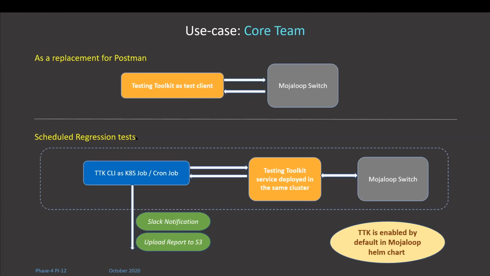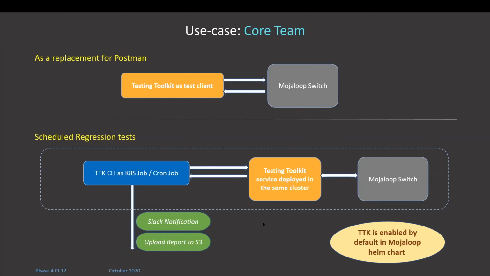And the other use case here is scheduled regression tests. In this PI, we improved the testing toolkit CLI to be capable of sending Slack notifications and uploading the consolidated report to S3.